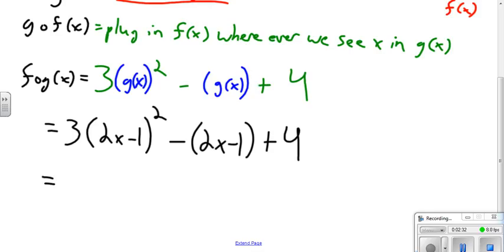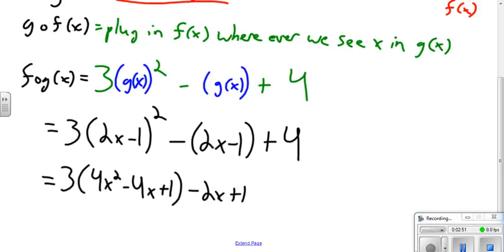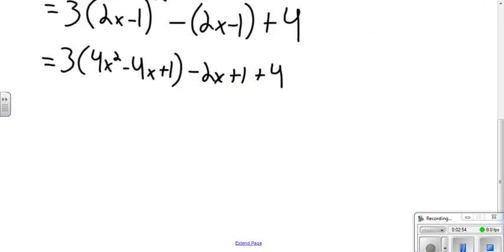Now we just have to solve these all through. 3 times the amount 2x minus 1 squared actually comes out to 4x squared minus 4x plus 1, minus, oops, I don't need the parentheses on this one. We'll just distribute that negative. So minus 2x and plus 1 and plus 4. So distribute the 3 to each.